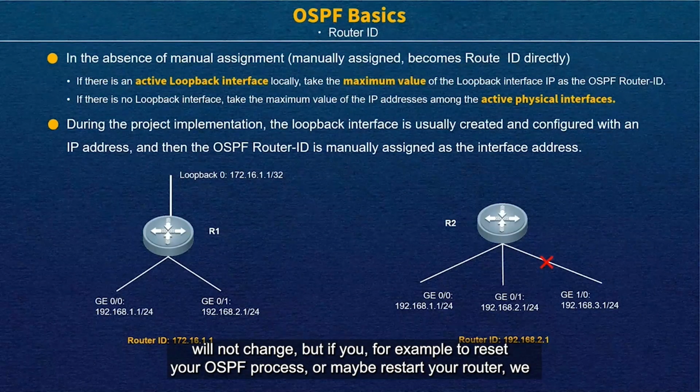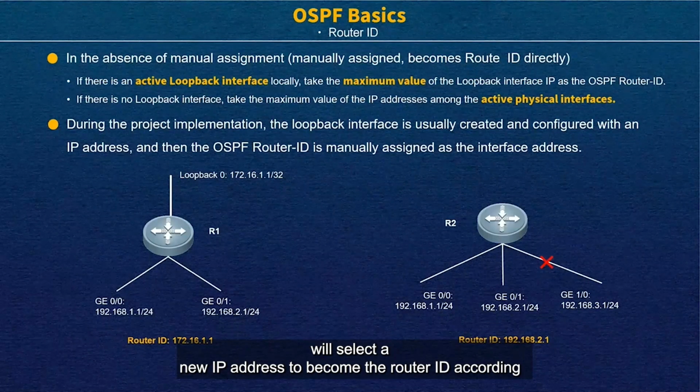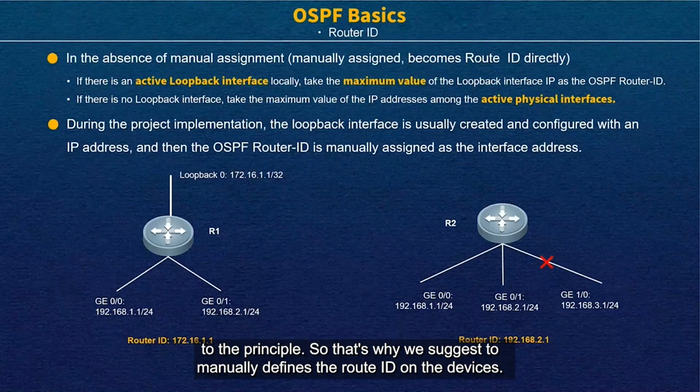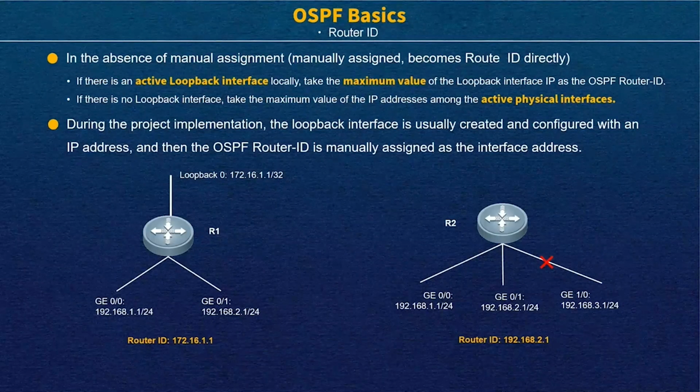But if you, for example, reset your OSPF process or restart your router, we will select a new IP address to become the router ID according to the principle. So that's why we suggest manually defining the router ID on the devices.